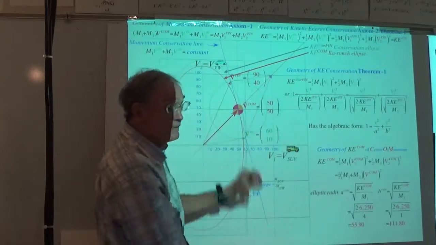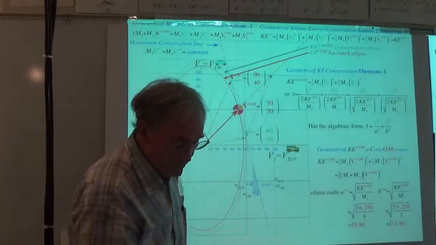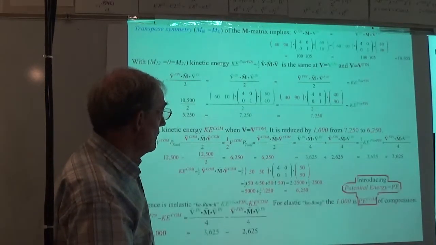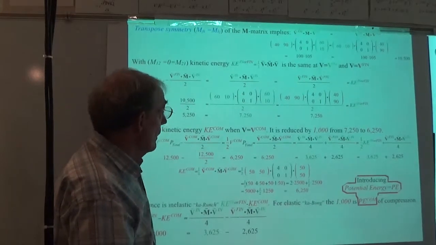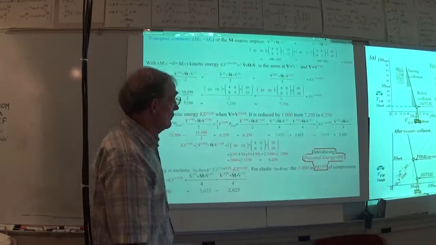You see that? So that's an important part of this. And again, the numerical values of all of these things are being displayed here. And that's what we call potential. And it turns out to be 1,000.